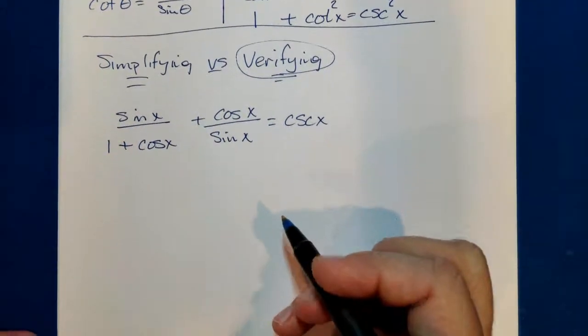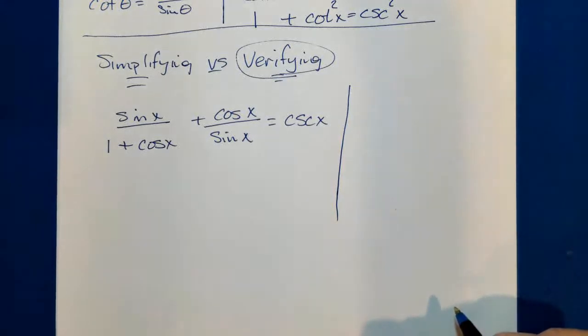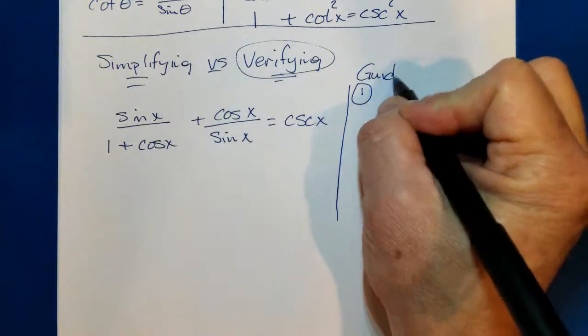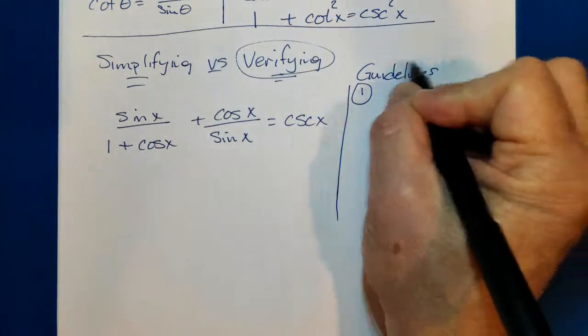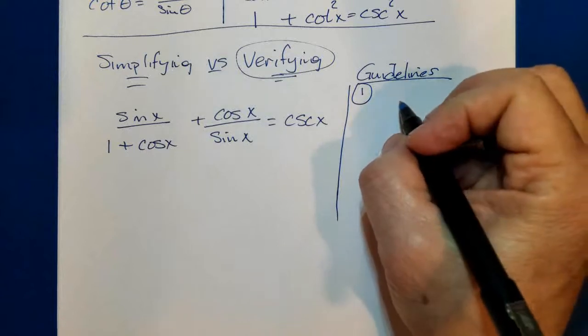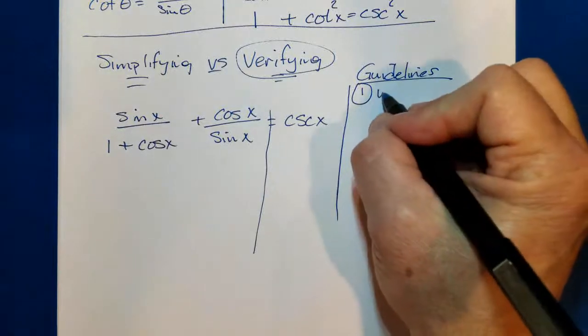All right? Now, in order to do this, there are certain guidelines that we need to follow. Okay, number 1, work each side of the equal sign independently.